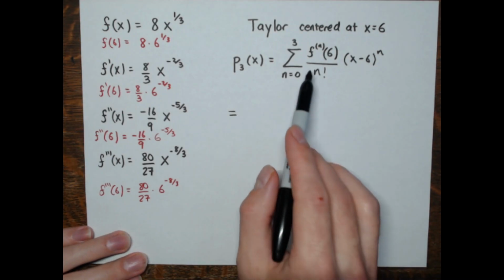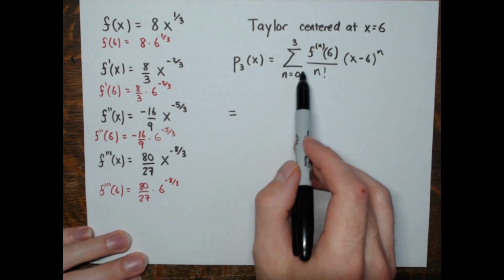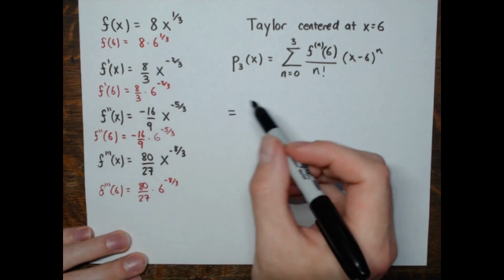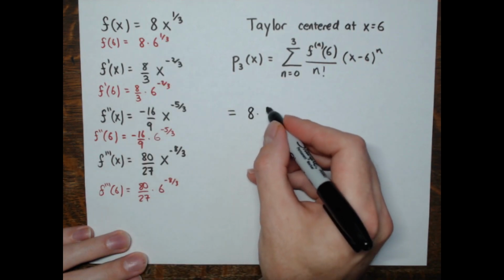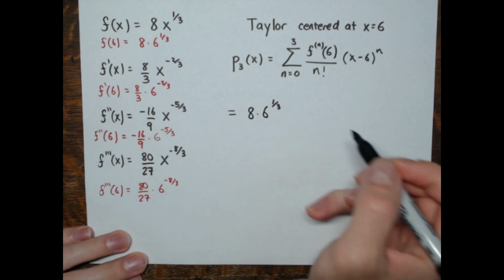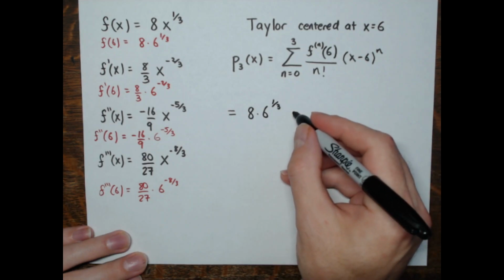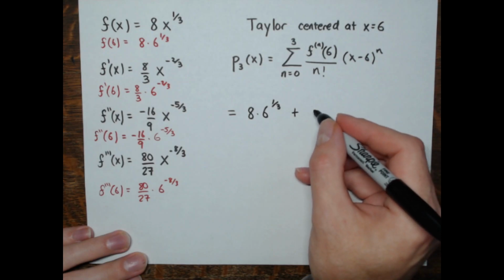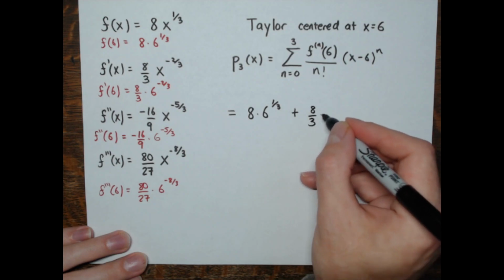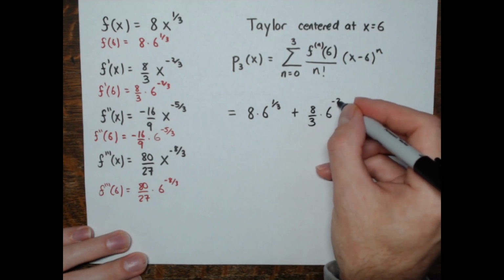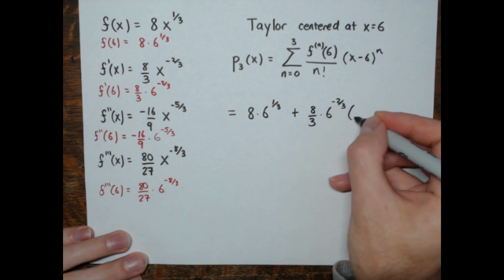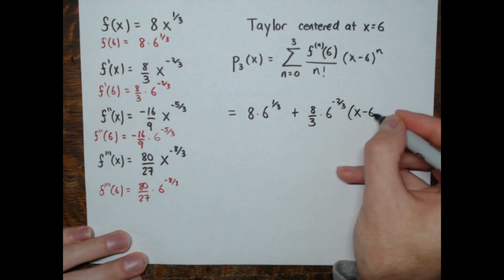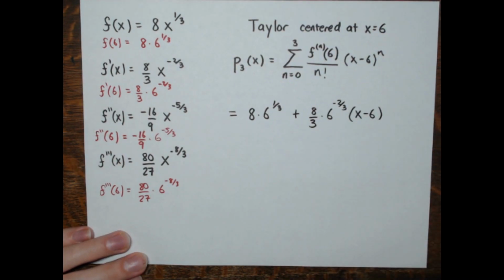So when I write out this polynomial, when n is 0, we're just getting this 8 times 6 to the 1/3, plus the first derivative at 6 divided by 1 factorial, so 8/3 times 6 to the negative 2/3, then times your first power of x minus 6.